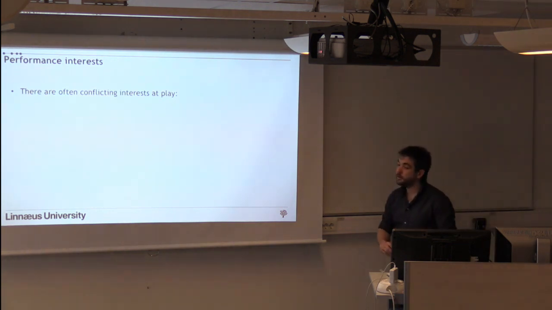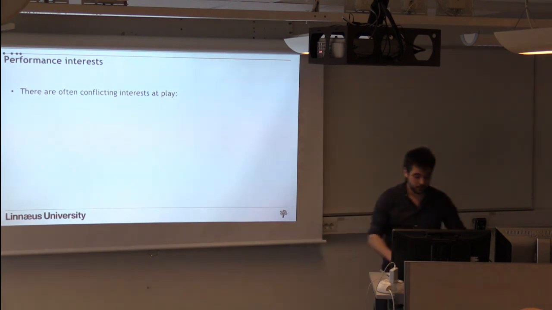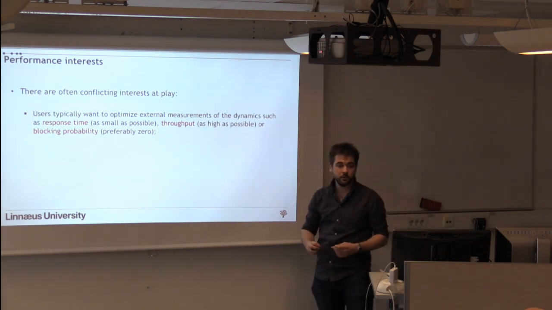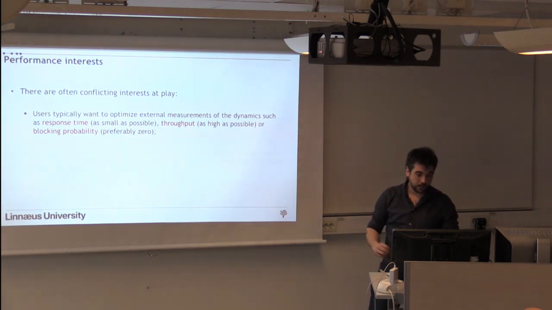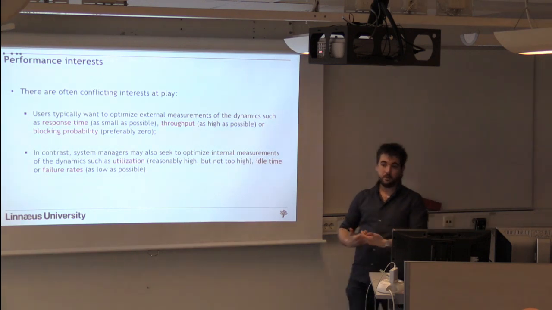So regarding performance, there are several performance interests that are similar to the two definitions we have seen before. The users want to optimize the response time and the throughput, and minimize the blocking probability of the system, while the system manager wants to optimize the use of resources.